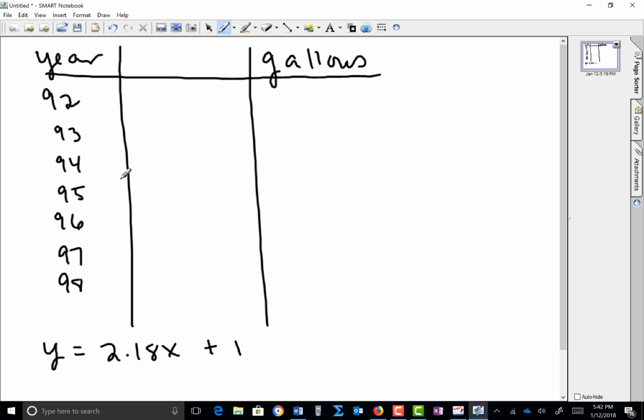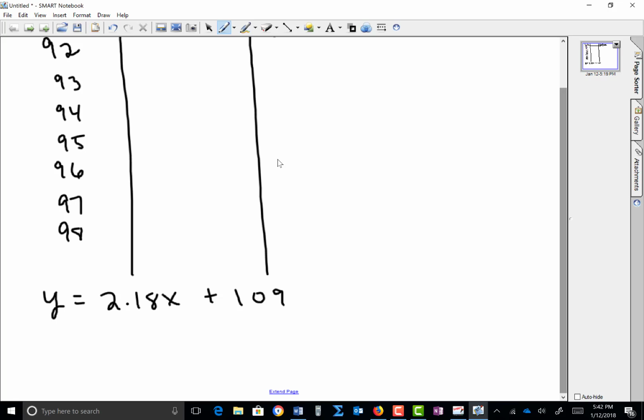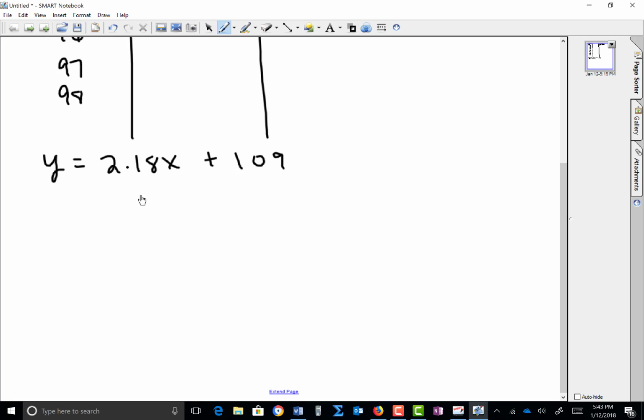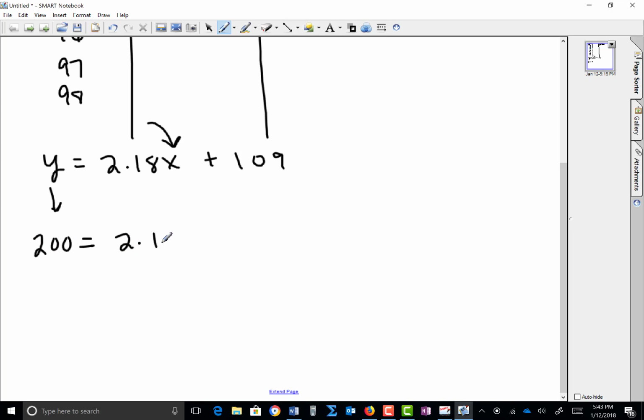This one you have to do just a little bit of algebra, but nothing that you can't handle. Instead of asking me to make a prediction and plug a number in for x, which were the years, they're saying, what if you knew what the answer was? What if it was already 200 billion and you were trying to find what year that would be?